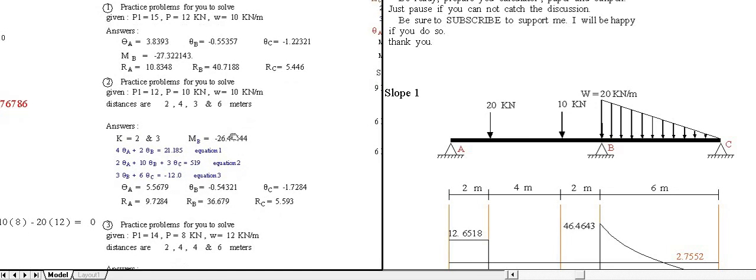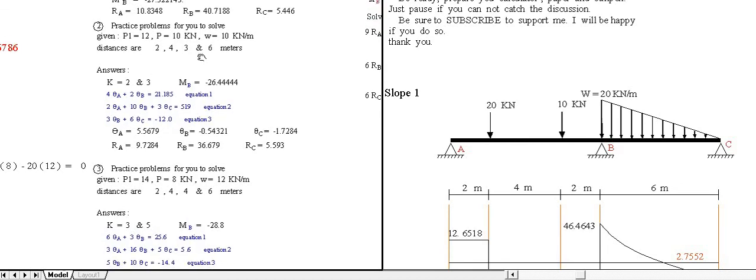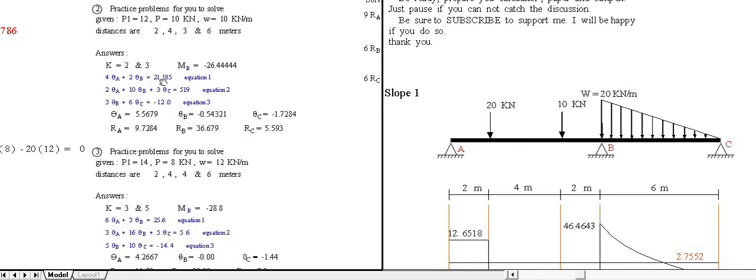Then another challenge problem for you. P1 is 12 here, then P2 is 10, then W is 10. Okay, there is a corresponding also change in the distance. 2, 4, 3, 6, 2, 4, change this to 3, then 6. Then the answers are stiffness factor 2 and 3. Moment at B is 26.44.